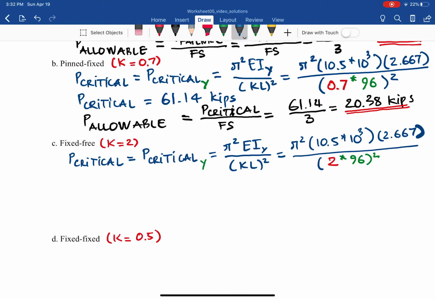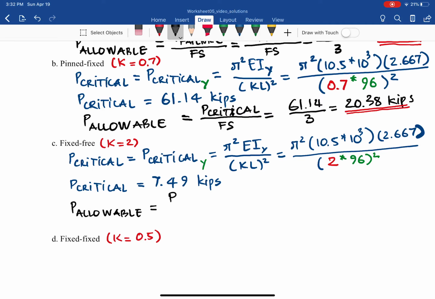From that we can get P critical equal to 7.49 kips. So we can find out what is the allowable load we can apply on this column given the end conditions are fixed-free.